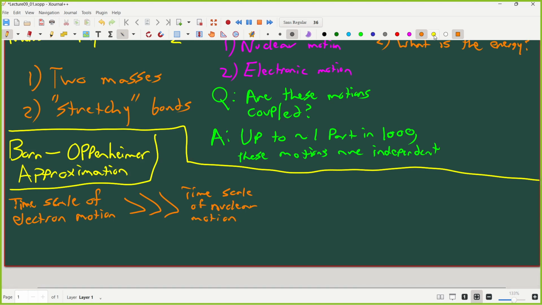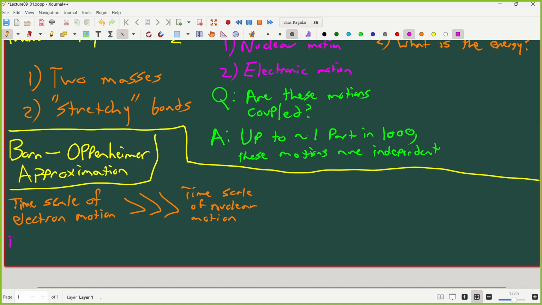Well, you can define this spectroscopically. If you excite an electron with light, and you ask the question, how long does it take for it to relax? You give it some energy, how long does it take to come back to the initial state, to equilibrate?